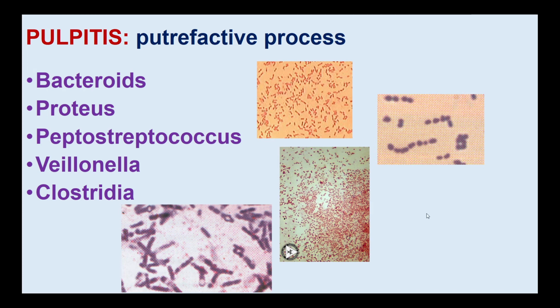Most of these we have discussed: Bacteroides we characterized, Streptococcus also, Clostridia we studied, Clostridium novyi and histolyticum, which can cause anaerobic wound infections. Veillonella we also characterized. But if these bacteria spread in pulps, they can cause a putrefactive process.